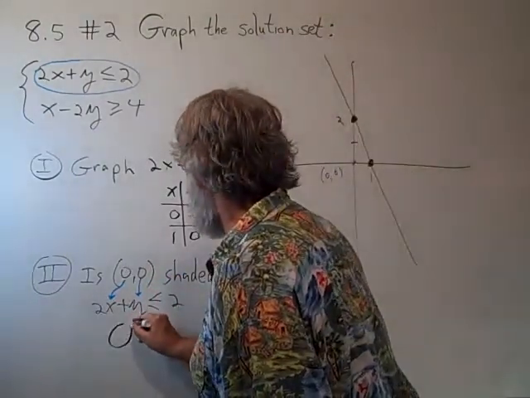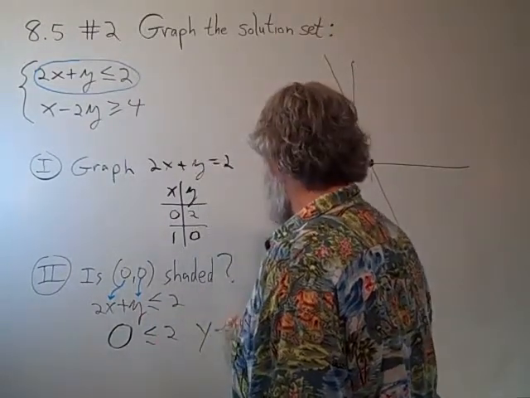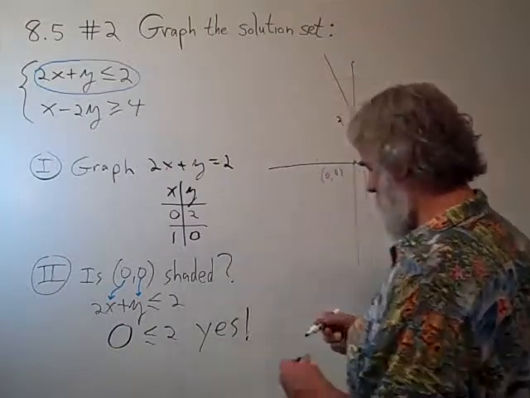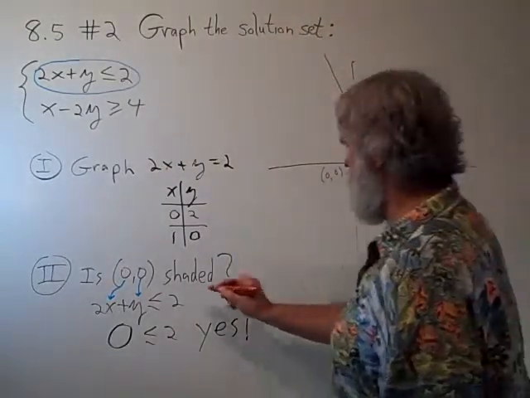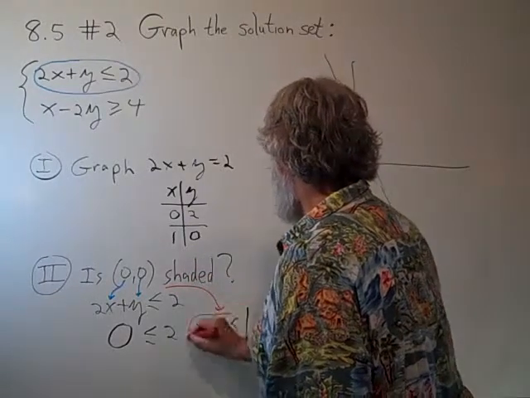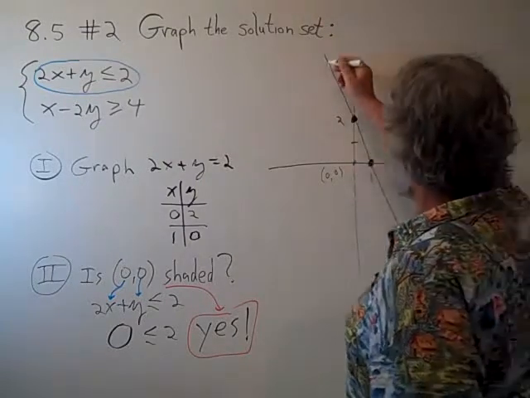Indeed, the left side is 0, and 0 is less than or equal to 2. So the answer to the question, is the origin shaded? Yes, it is shaded. Okay, so the shady side of this first line is the side with the origin on it, this side.